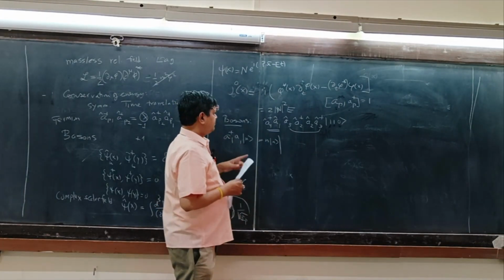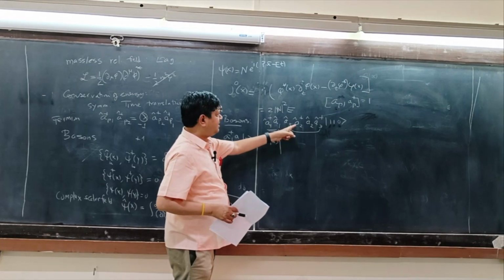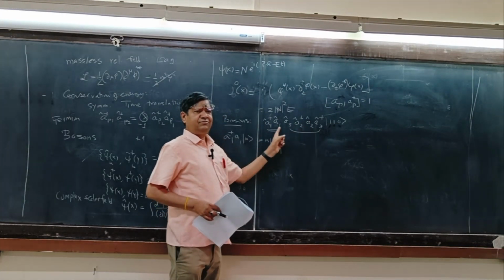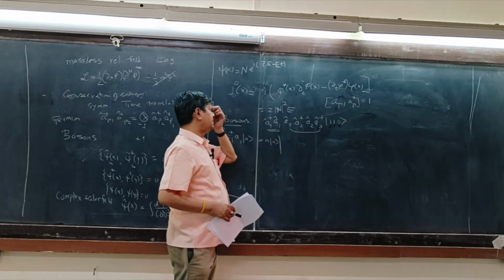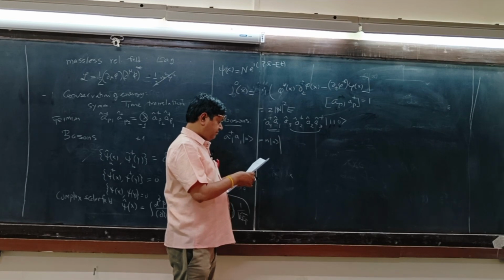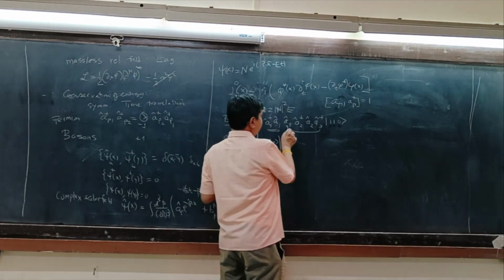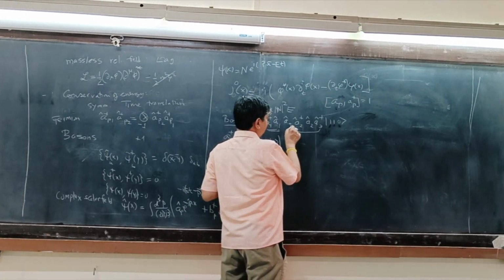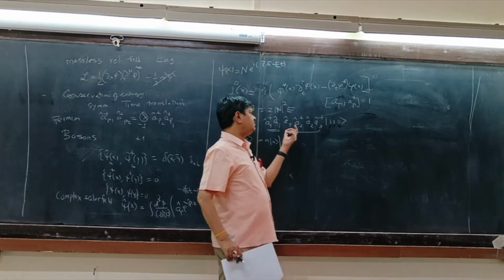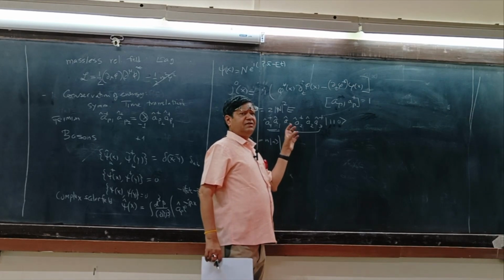So I want to use this relation. This is in that form, but this one is not in the same form, right? So what should I do? I can push it to the right. I can take these two and switch. If I switch, what happens?